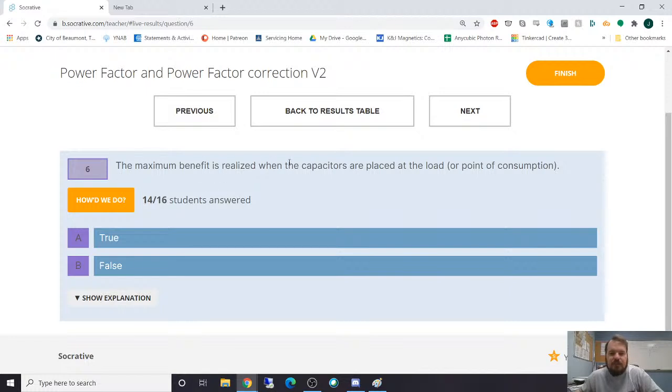The maximum benefit is realized when the capacitors are placed at the load. The reason this is where the maximum benefit is realized is if the capacitor is at the load, it will be switched on and off with the load.